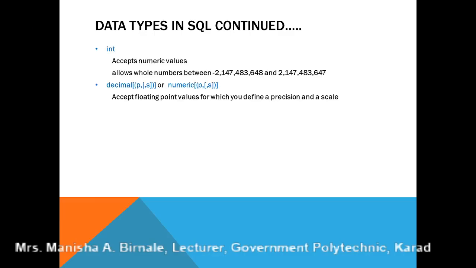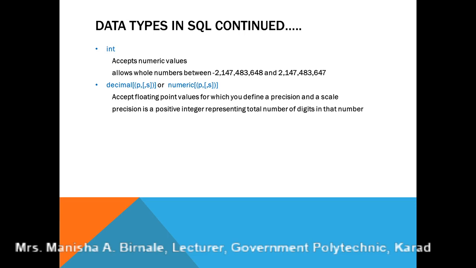So it accepts decimal, numeric, or only number can also be used. It accepts floating point values for which you define a precision and scale. Suppose you have not defined precision and scale, you have written only number, then it can accept integer type of values also.